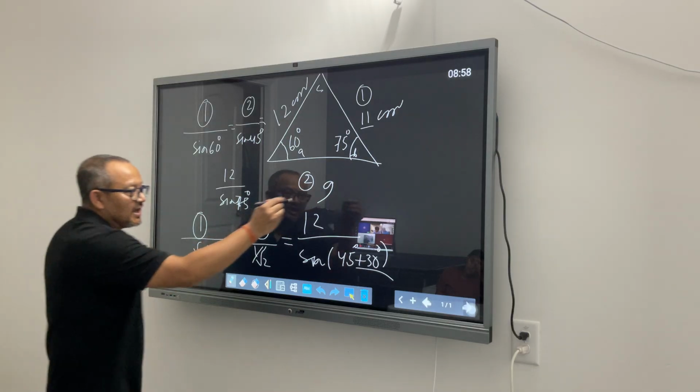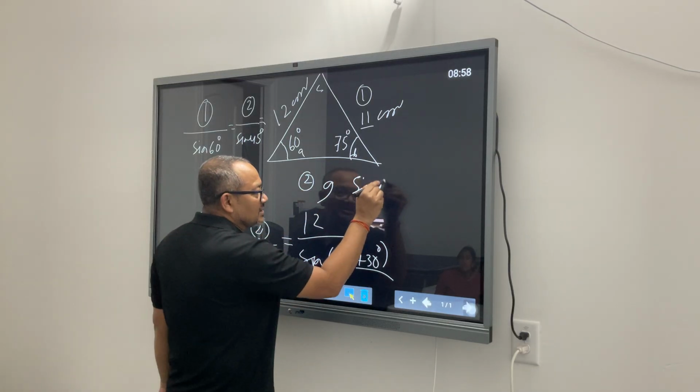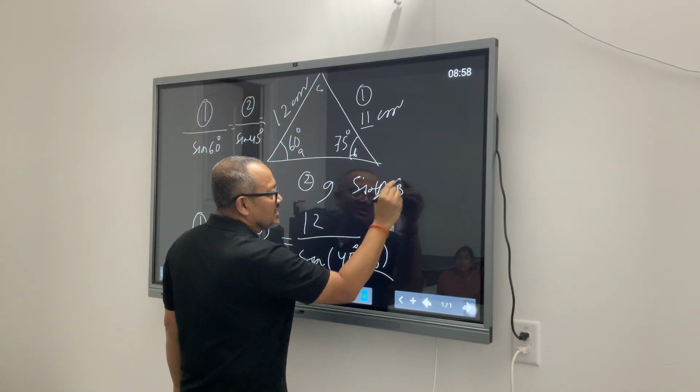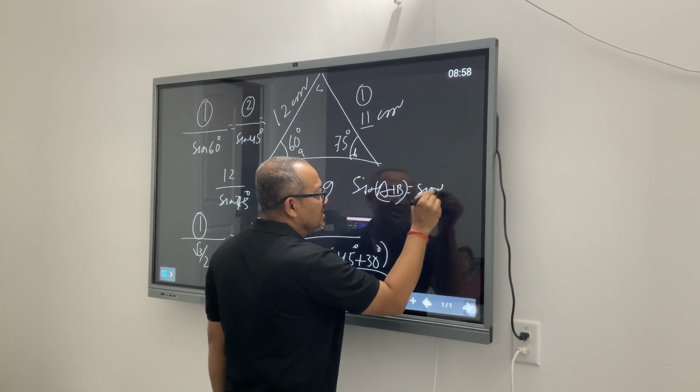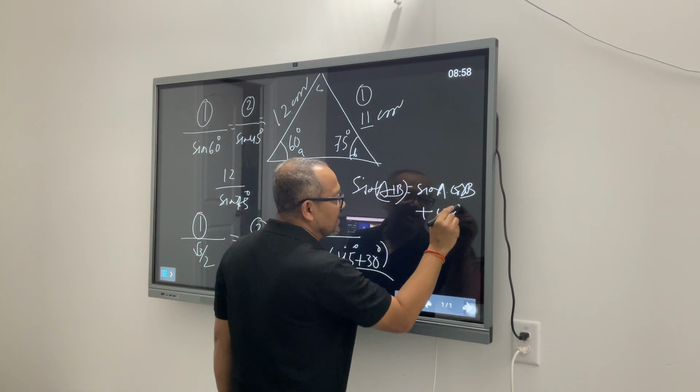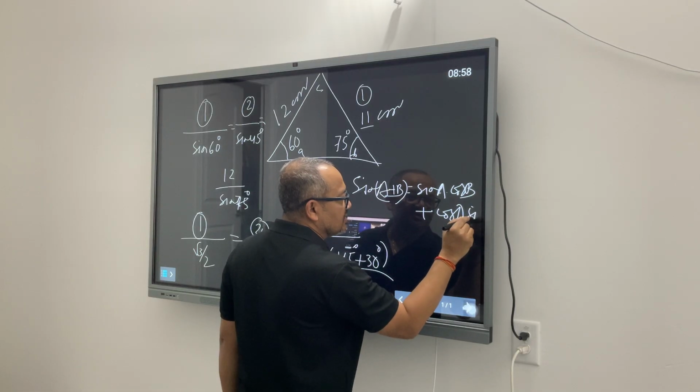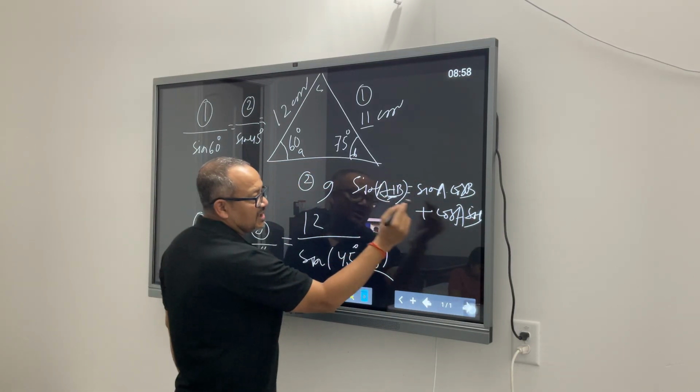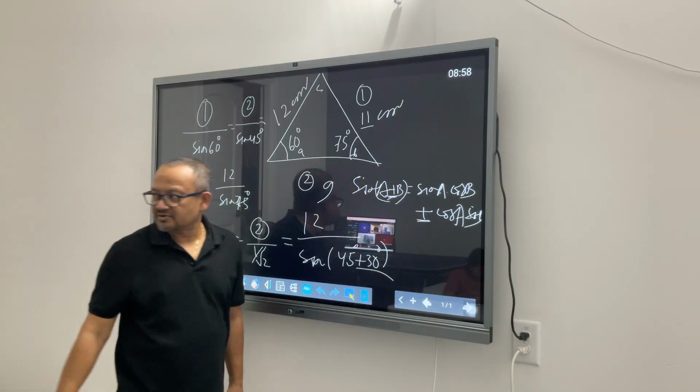So sine of A plus B is nothing but sine of A cos B plus cos of A sin B. And when you change the sign, you just change the sign here also.